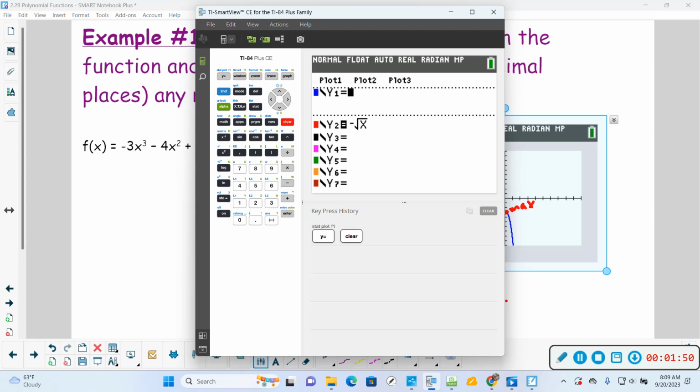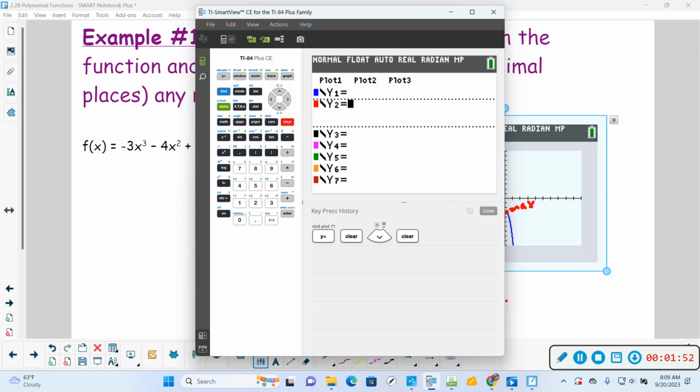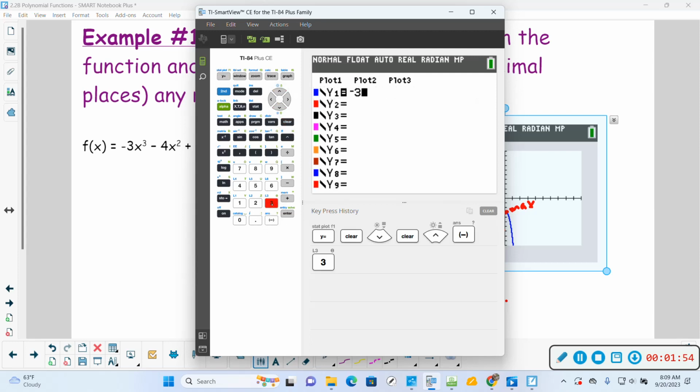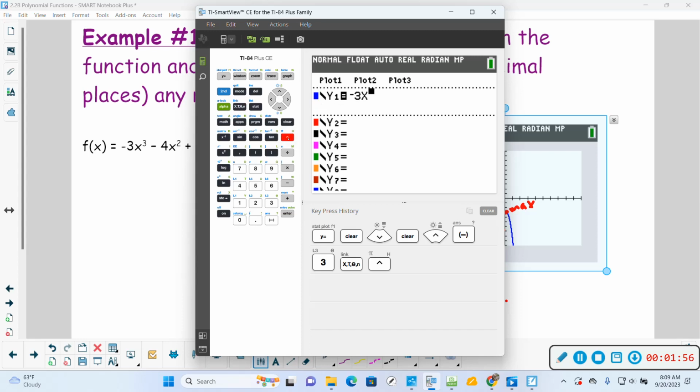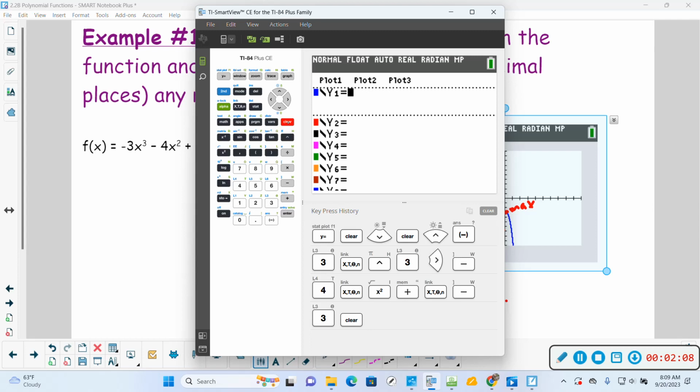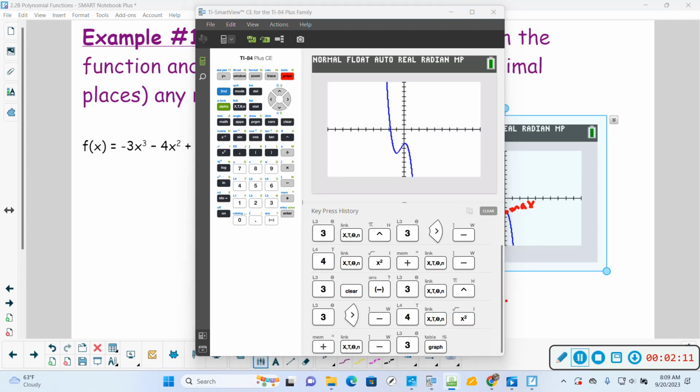So of course in your y equals menu, I'm going to clear all of this out. So I've got negative 3x cubed minus 4x squared plus x minus 3. Hit graph, and there's the picture we already saw.